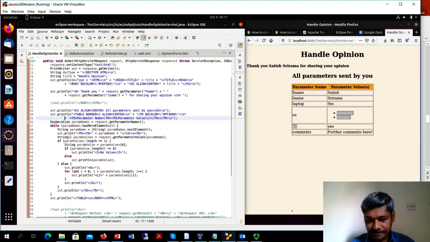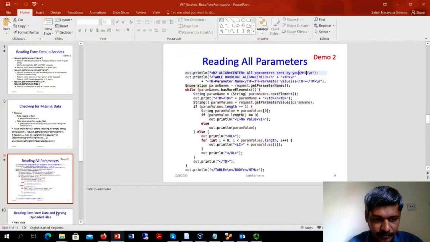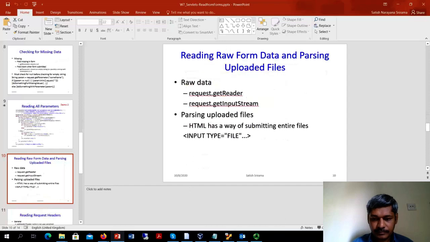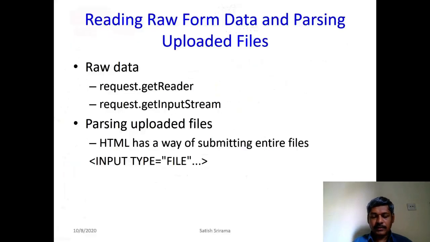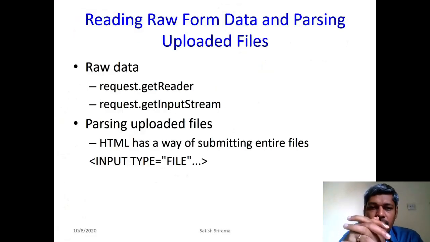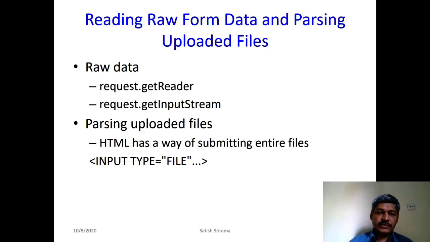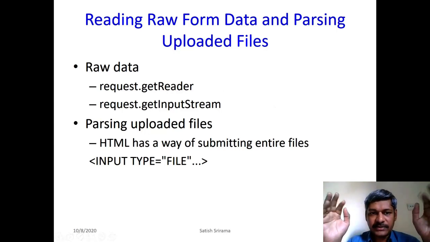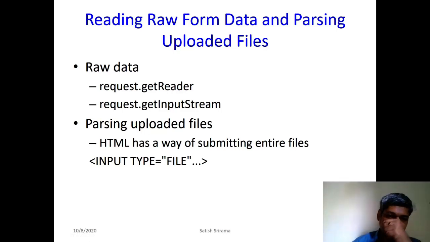Let's move back. So we have seen how we can read through all the form values. We can also read, for example, raw data. If you upload files, how will you read them at the servlet?